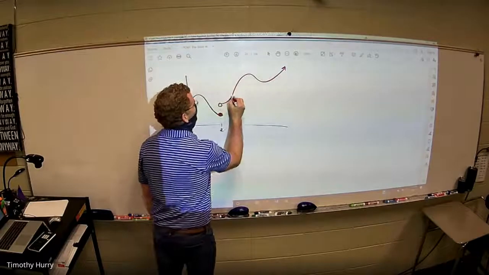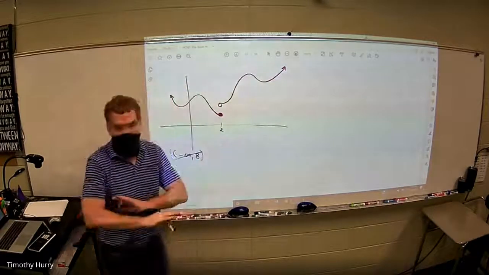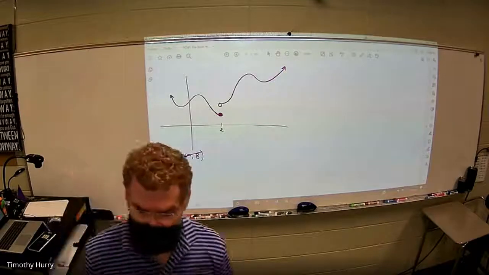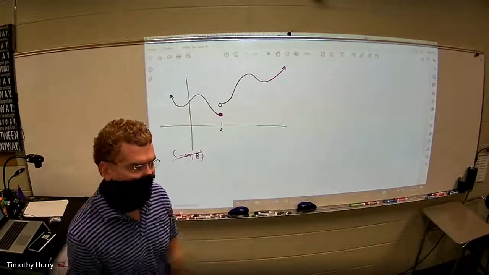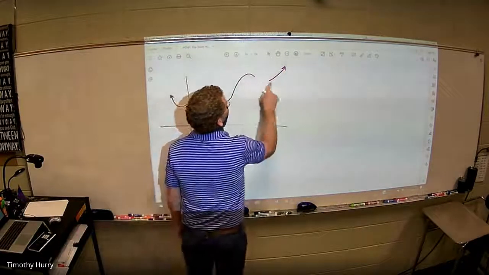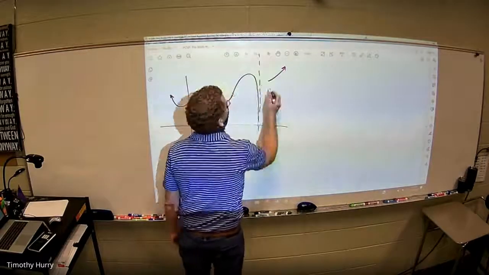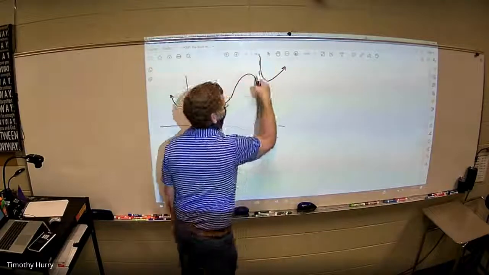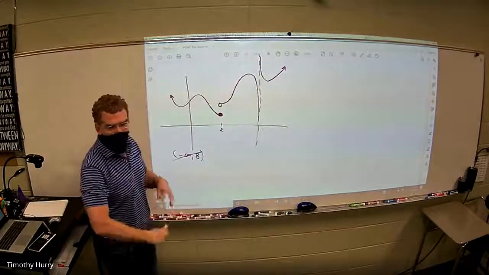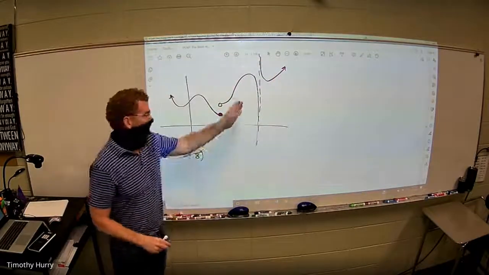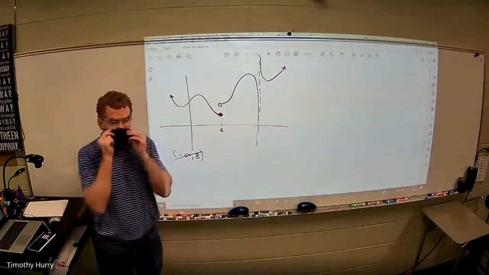A jump looks something like that. That can only happen with what kind of functions? Piecewise functions. You could also have an infinite discontinuity. An infinite discontinuity occurs at an asymptote, like that. So removable, jump, or infinite are discontinuities that may happen.